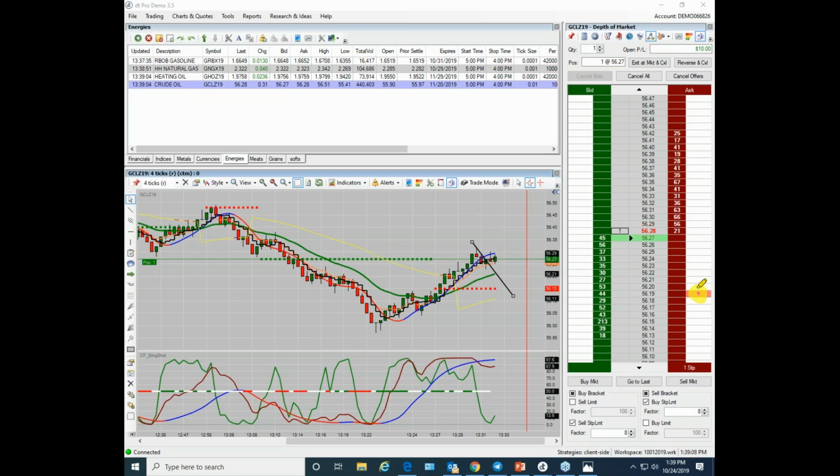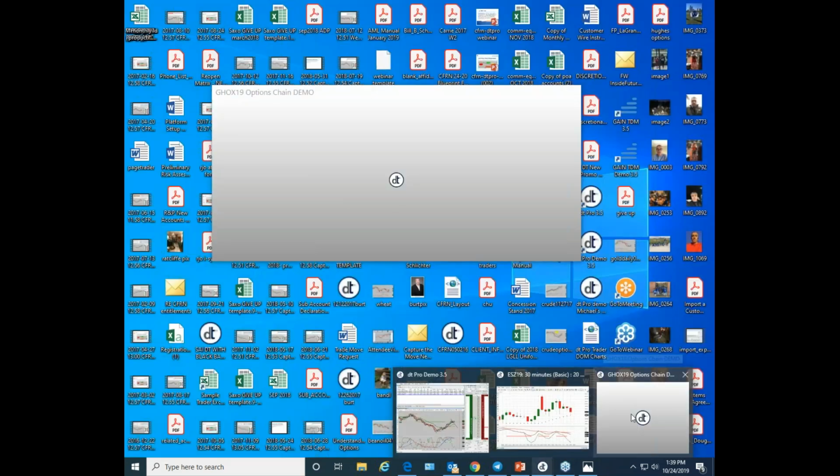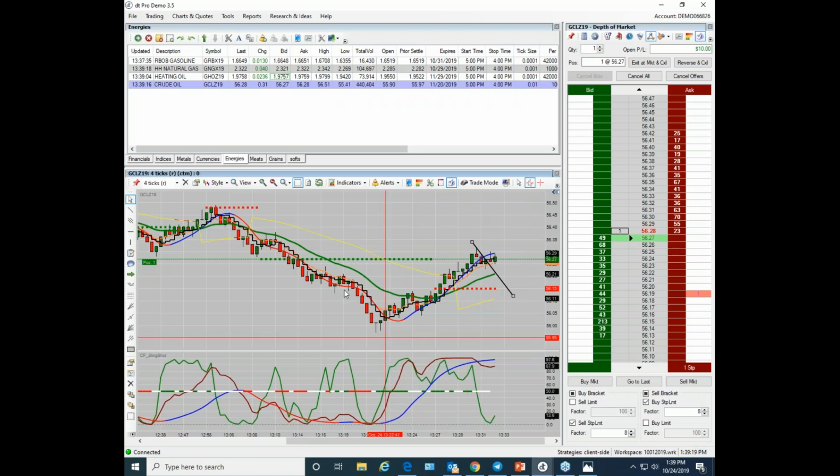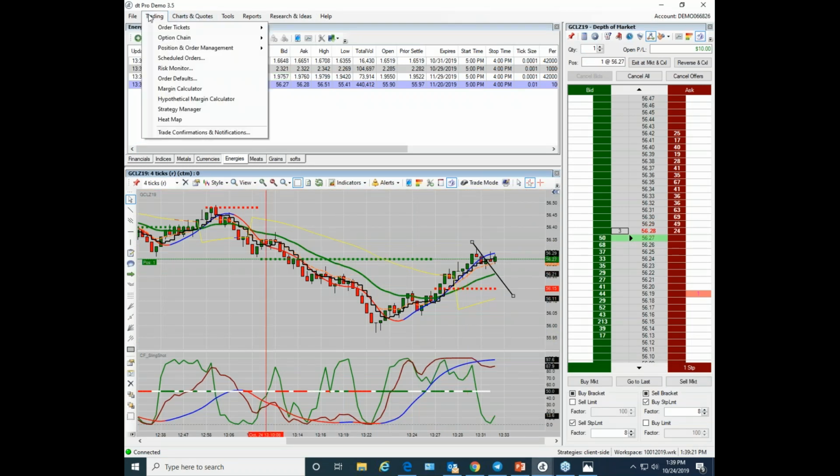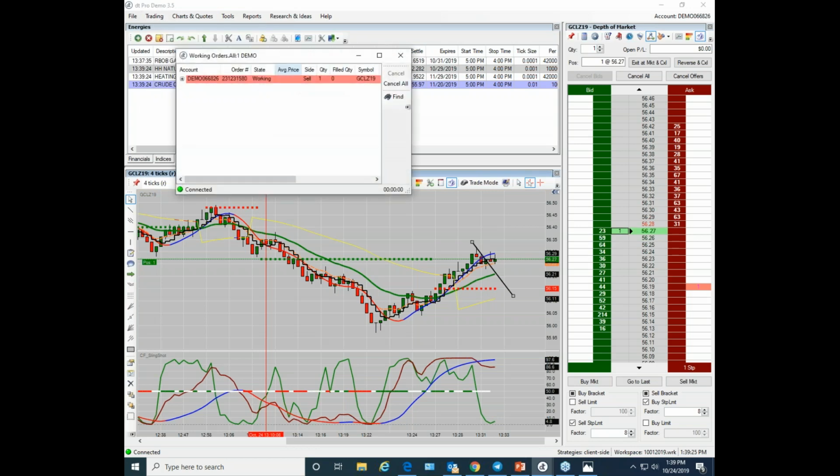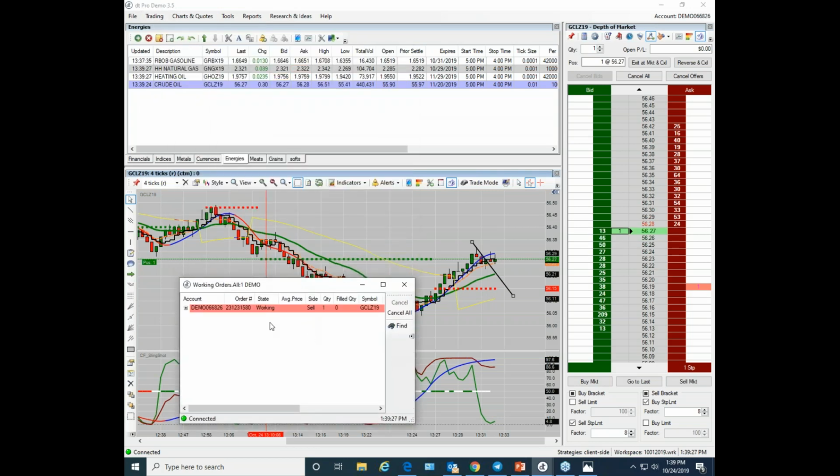It's right here. Okay, that's our stop loss. And another good thing that you guys should do and get in the habit of doing: Trading, position and order management, working orders. Should have this box open. This stop loss is in the box.